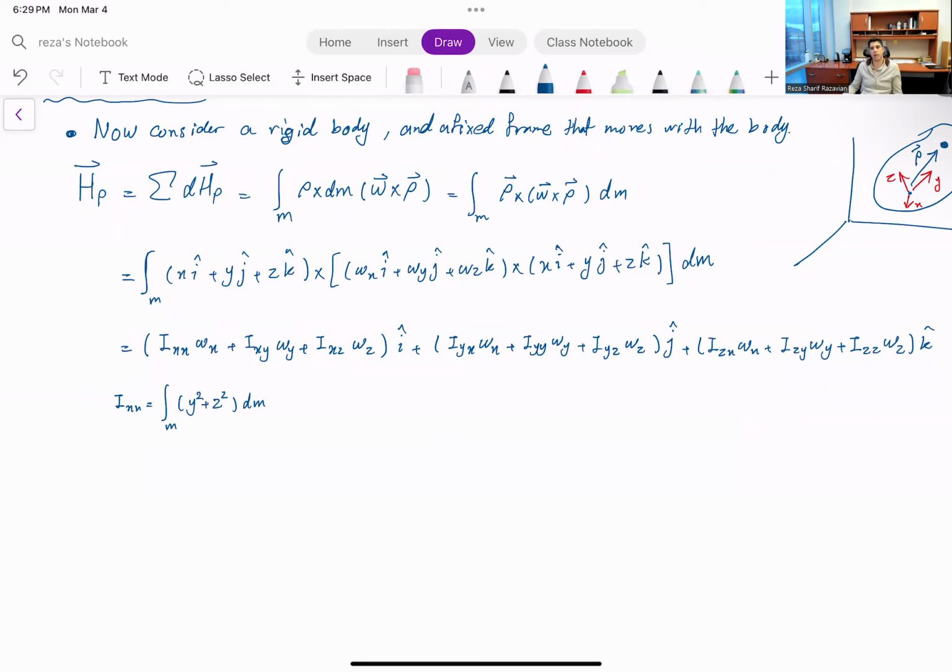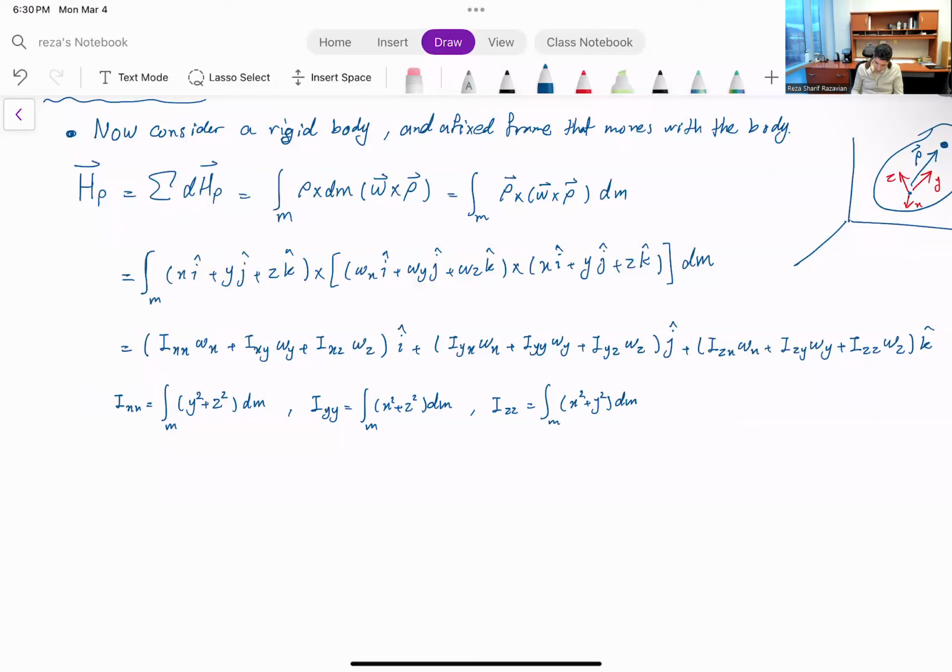So this is the same moment of inertia that we had seen before: distance from the x-axis squared times the tiny mass, integrated over the entire mass of the object. Similarly, Iyy is the integral of x squared plus z squared dm, and Izz is the integral over m of x squared plus y squared dm.